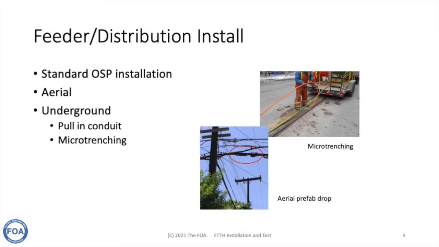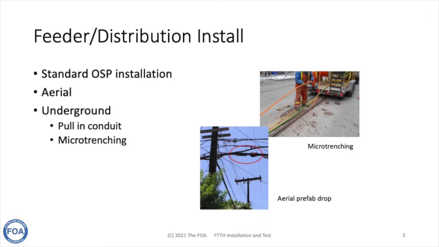Fiber to the home can use standard construction practices like lashing cables to messengers for aerial installation, or digging and trenching for underground conduit installation, or pulling cables into underground conduit that's all in place.